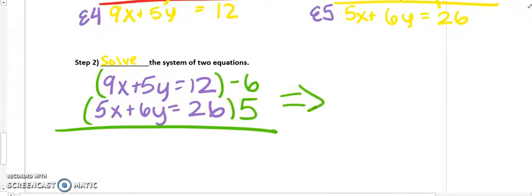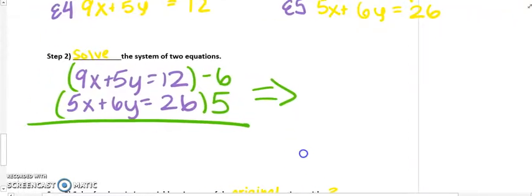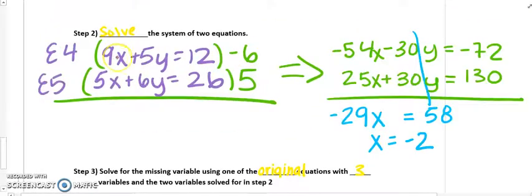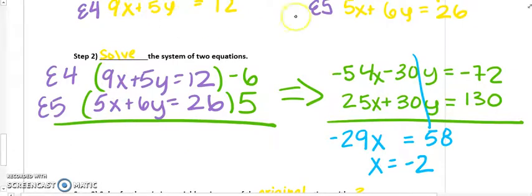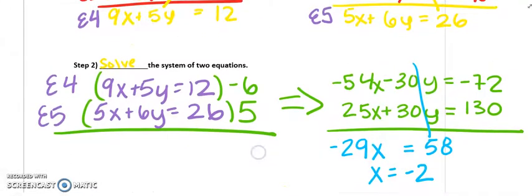I'm going to write my new equations and cancel, multiplying the top by negative 6 and the bottom by 5. And again, you could have done it a different way. My y's canceled. Had some ugly numbers, but I got to x equals negative 2, so it's not too bad. Now I have to plug this into one of my equations, E4 or E5, so that I only have my x and y.